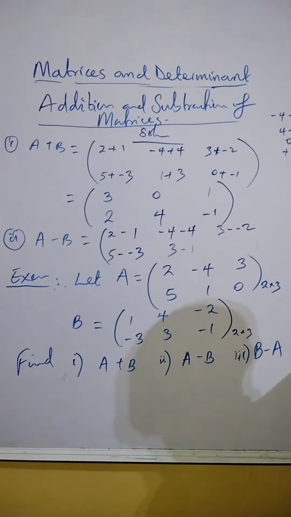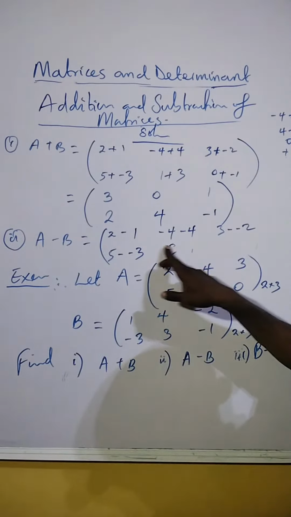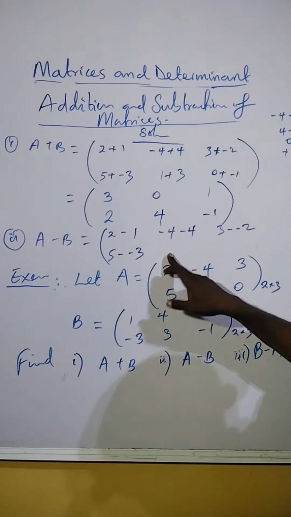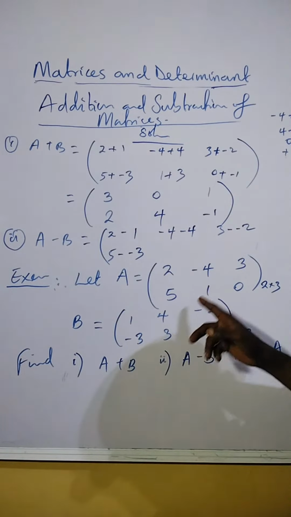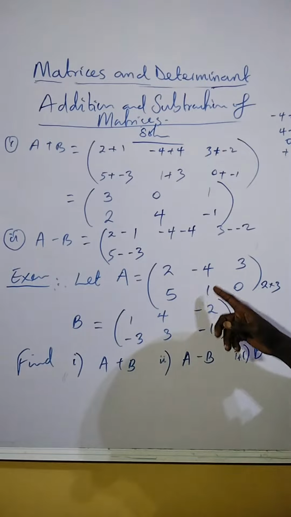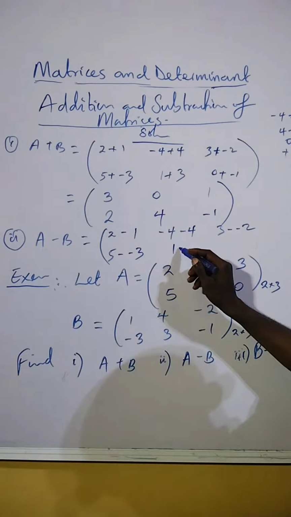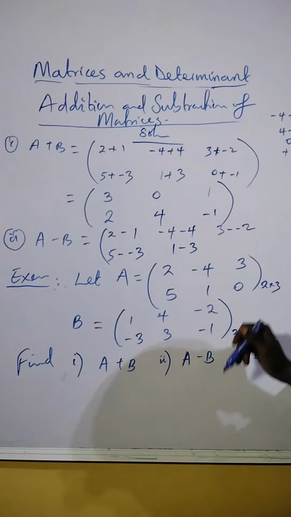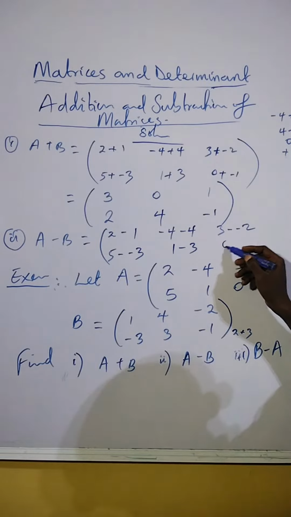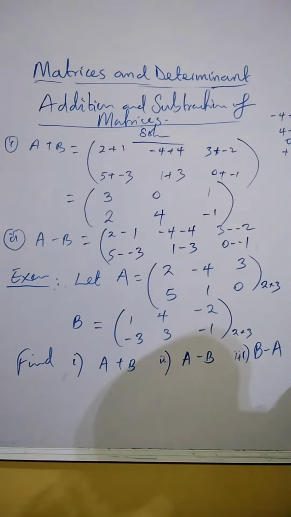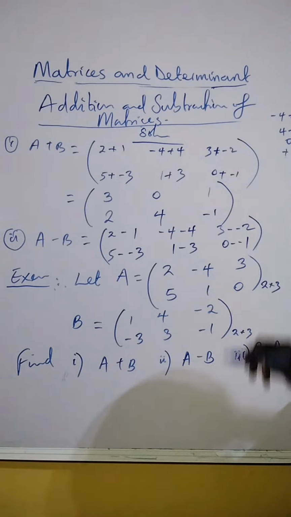Be careful when you are solving so that you don't mix it up. What you are doing is A minus B, so A should come first. Then 0 minus minus 1.